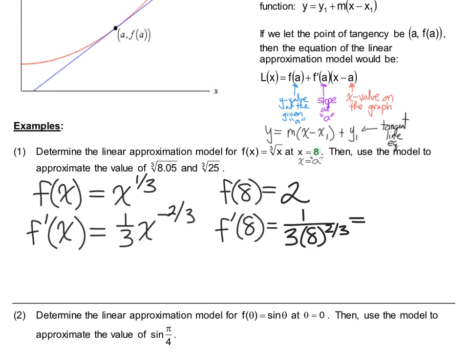If I take 8 and raise it to 2/3, it's the same as taking the cube root of 8 and squaring it, which would be what? 4. Times the 3 would give me 12, so 1/12.